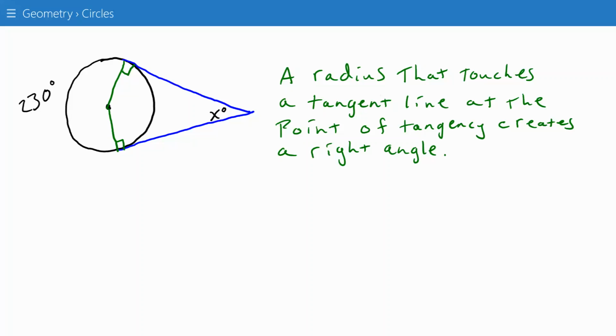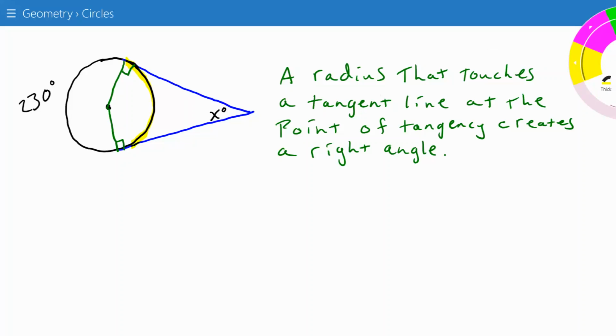What I've just done is I've created a quadrilateral where I know two of my angles. We actually know a little bit more. We have 230 degrees for our circle. And we are going to look at this other portion of our circle. We'll highlight it.